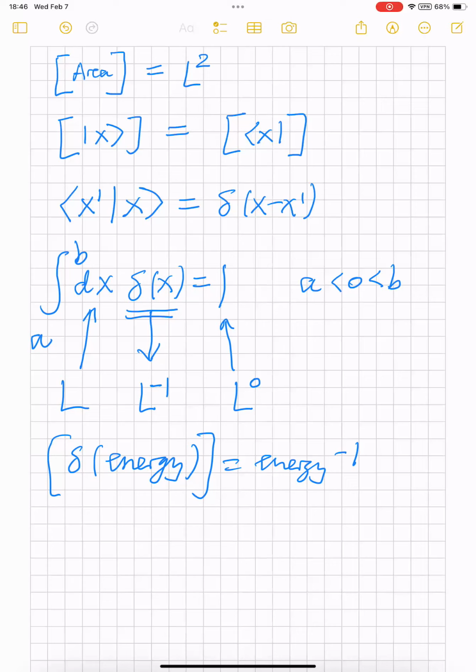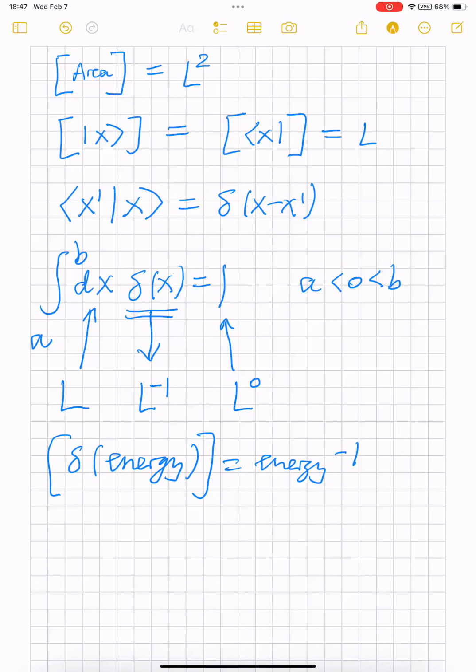Now, since delta of x is length to the minus 1, bra x prime has dimensions of length to the minus 1/2, ket x has dimensions of length to the minus 1/2, so their product would have dimensions of length to the minus 1.